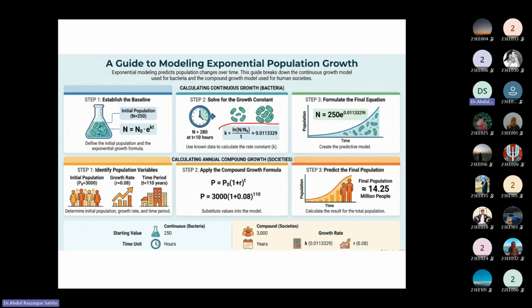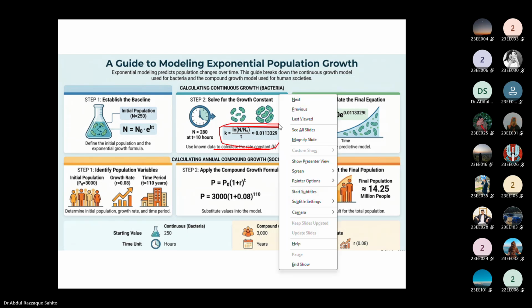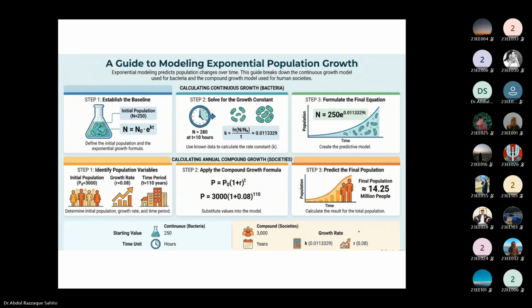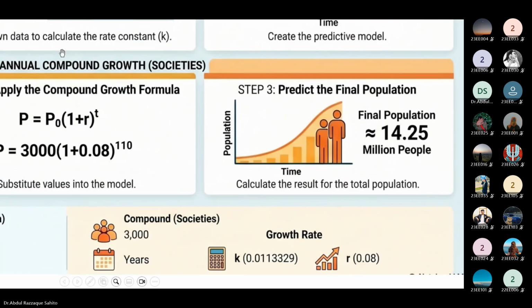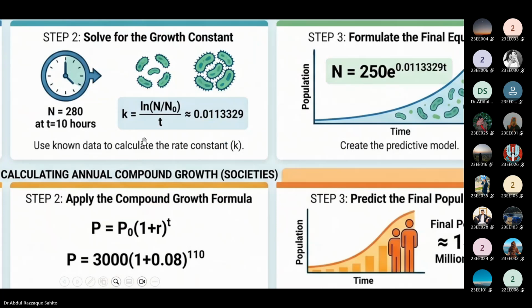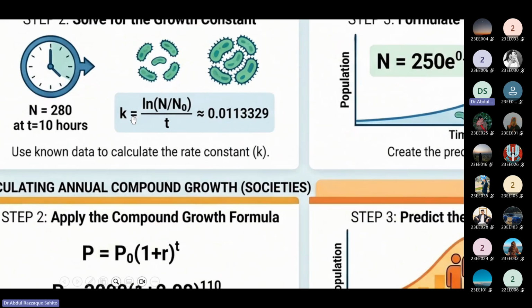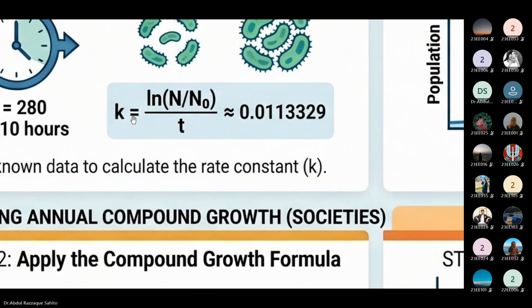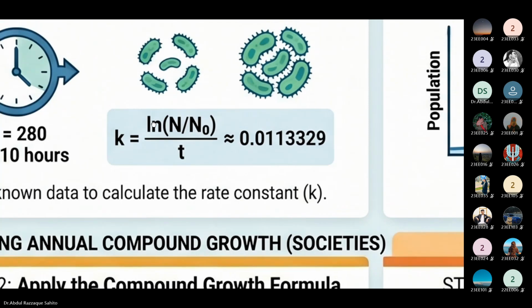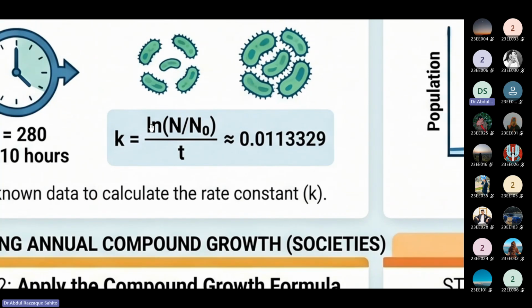Now you can note down a short formula to directly find the value of k. Is this equation visible to you? k equals ln of N upon N naught, divided by t.